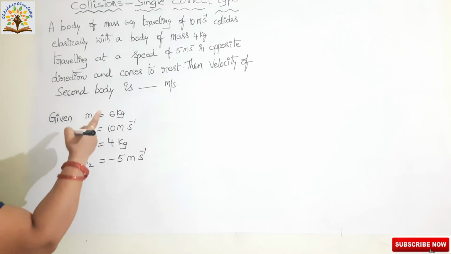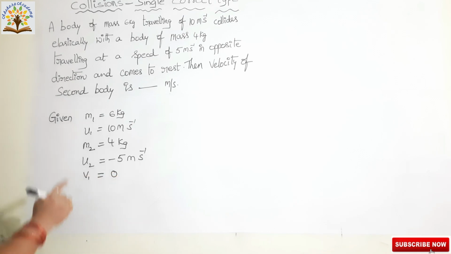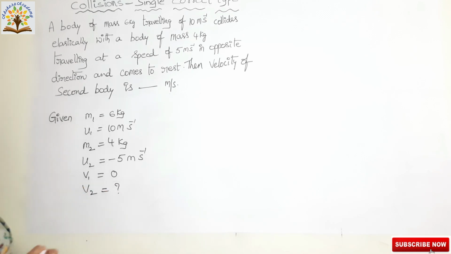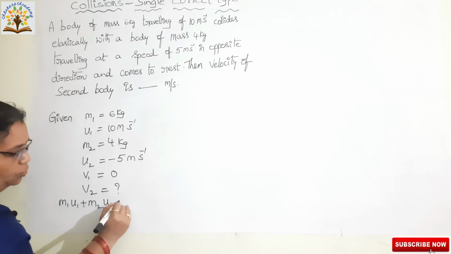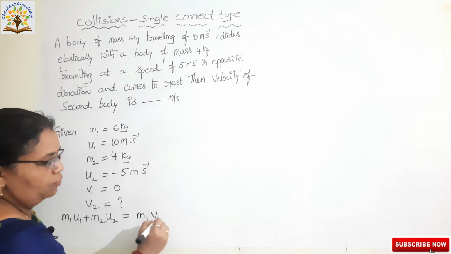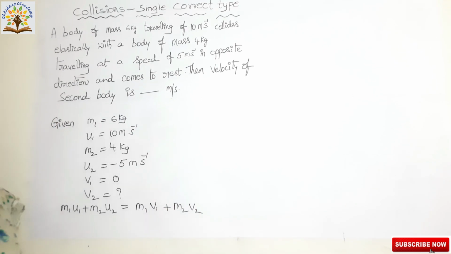Okay. And next, v1 is 0, because it comes to rest. Then what you have to calculate is v2. According to the law of conservation of momentum, m1 u1 plus m2 u2 is equal to m1 v1 plus m2 v2.